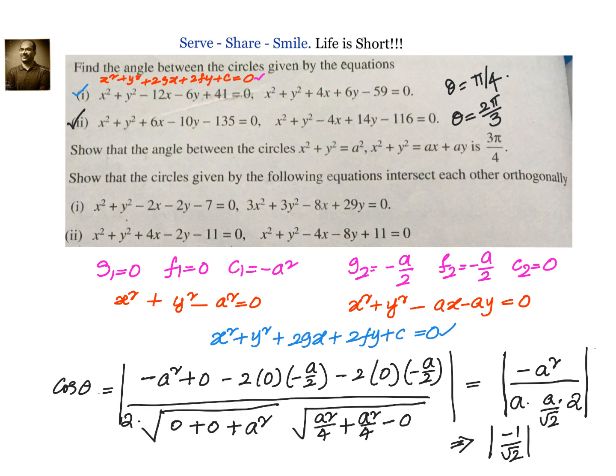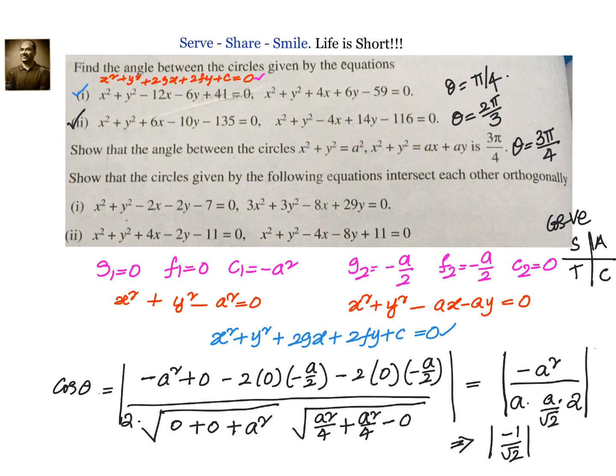Now cos theta is minus 1 by root 2. Then theta will be how much? 3 pi by 4, because cos is negative in the second quadrant, all silver teacups. This is what I was taught in 1986 when I was studying trigonometry. In the second quadrant, it is only sine and cosecant which are positive. Cos is negative there.